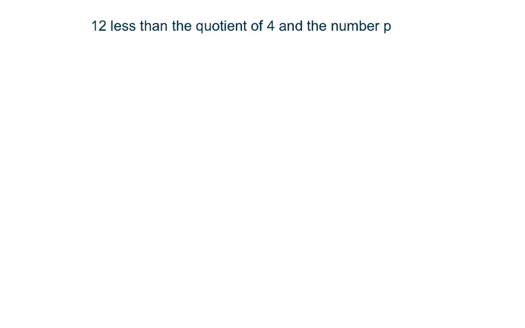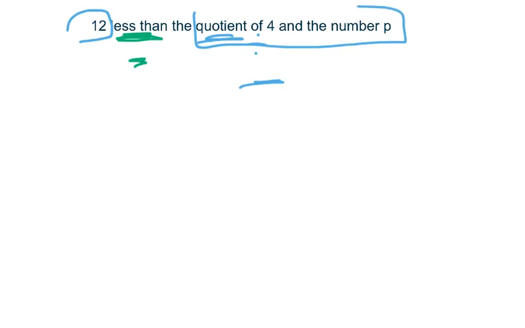All right, next. 12 less than the quotient of 4 and the number p. So once again, less than means to subtract. Quotient means to divide. And then the other key thing is you have 12 and then you have this.